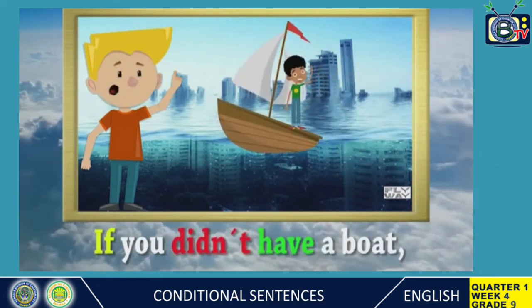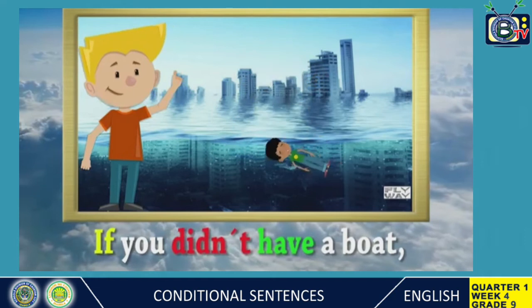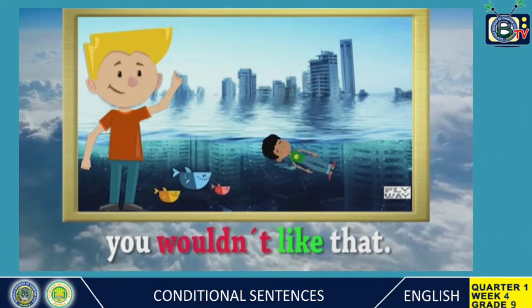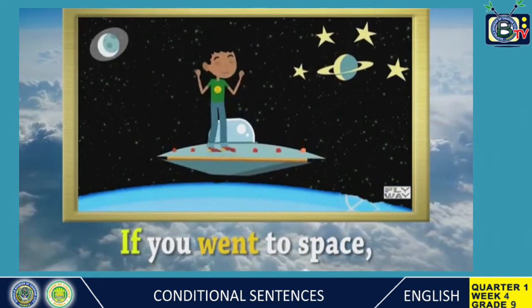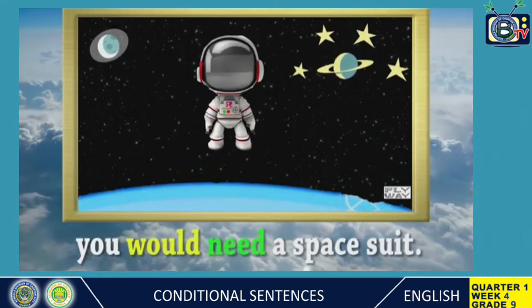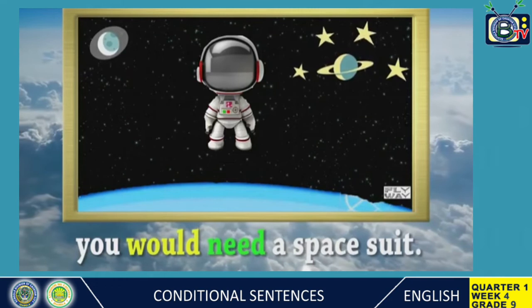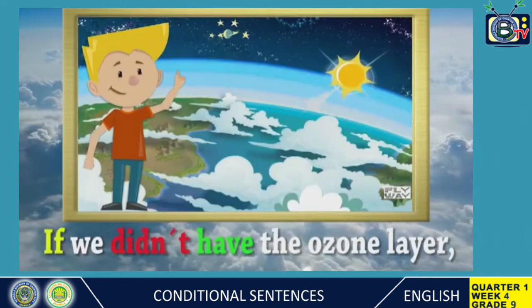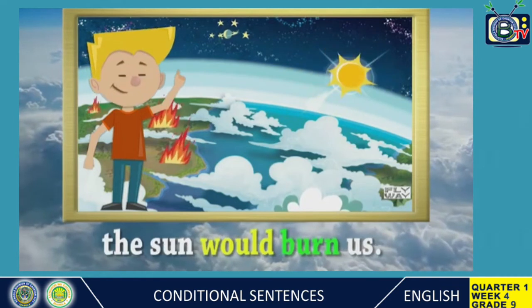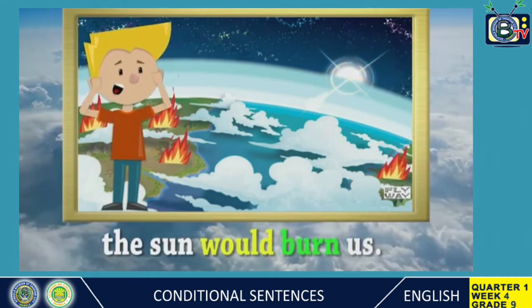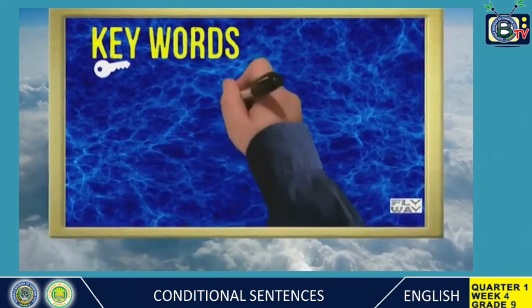If you didn't have a boat, you wouldn't like that. If you went to space, you would need a spacesuit. If we didn't have the ozone layer, the sun would burn us.